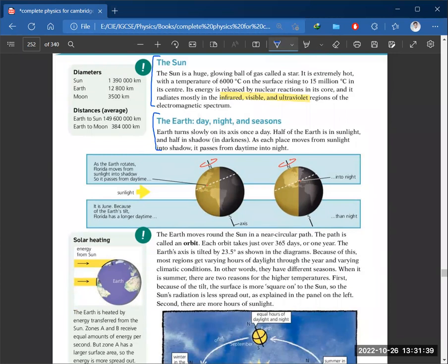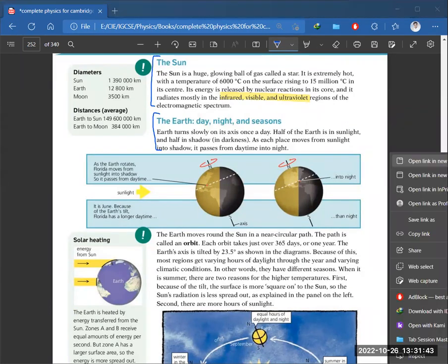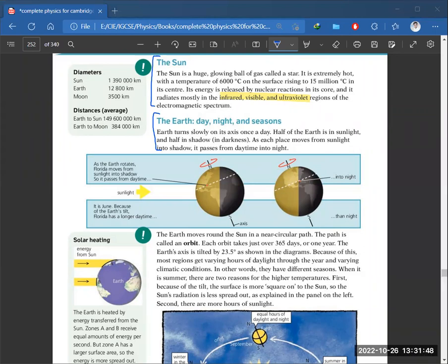The Earth, day, night, and seasons. The Earth turns slowly on its axis once a day. Half of the Earth is in sunlight, and half is in shadow, in darkness. As each place moves from sunlight into shadow, it passes from daytime to night. Should I read the diagram out?